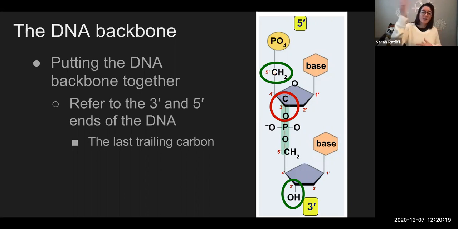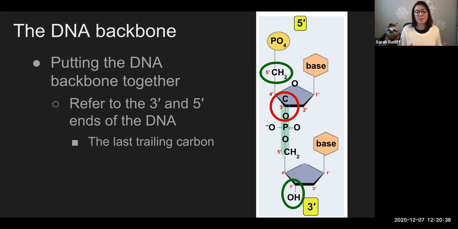Because the 5' is at the top, we're going to say the top of our DNA strand is the 5'. That's how we can figure out the orientation. 5' carbon at the top, so the 5' end of the DNA is at the top. The 3' end of the DNA is at the bottom because the 3' carbon is at the bottom.